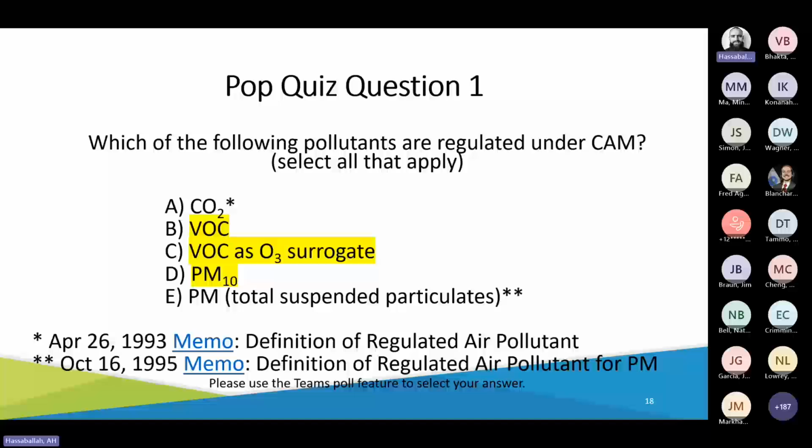Now, PM as total suspended particulates is also another tricky part. In the early 90s, PM was a regulated air pollutant.